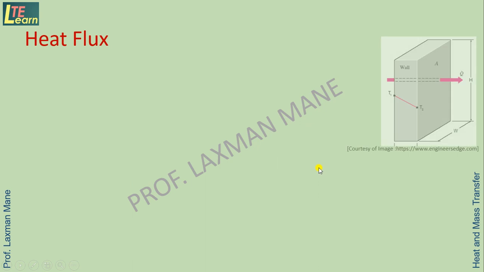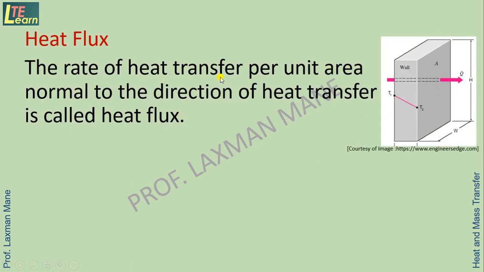Heat flux: as shown in the figure, the rate of heat transfer per unit area normal, meaning perpendicular, to the direction of heat transfer is called heat flux. It is given as small q, so it is the ratio of capital Q, meaning heat transfer, to area, that is perpendicular area.